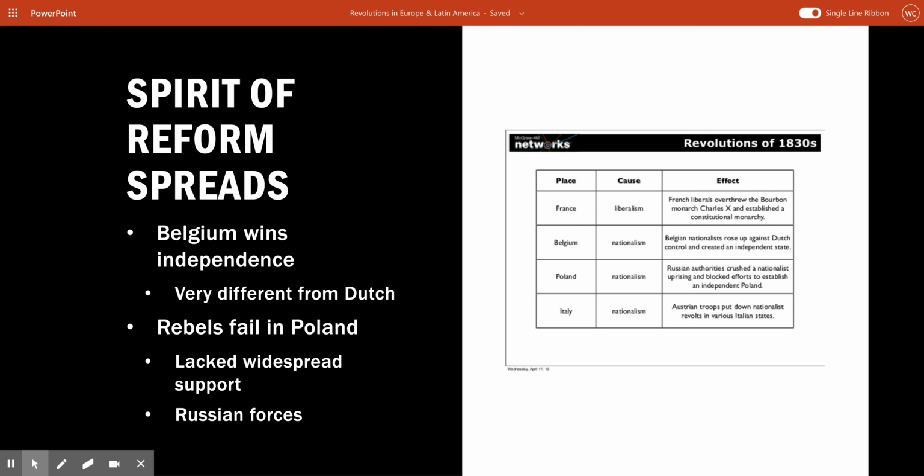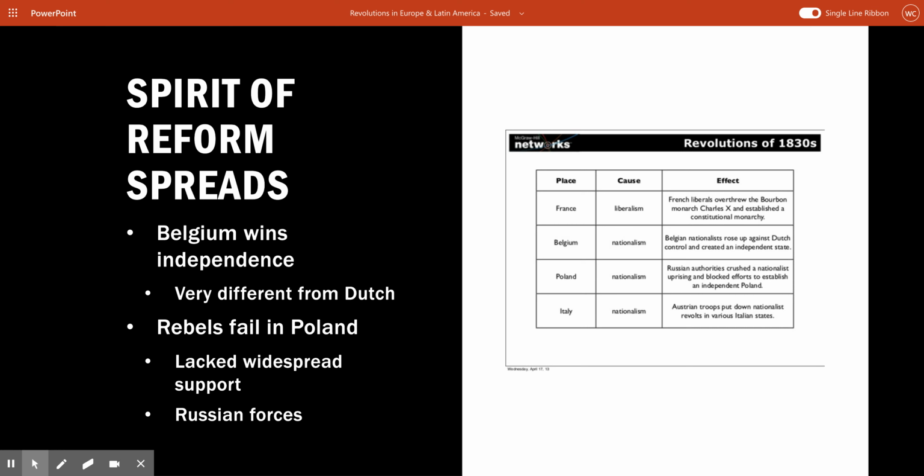Poland, on the other hand, is one of the revolutions that fails, and there are a couple of lessons in Poland for people who are pushing revolution. Poland doesn't really have a strong, cohesive idea of what they want to gain besides independence. They want to come back onto the map as an independent Poland, but they have lots of groups that are not going to work with each other afterwards.